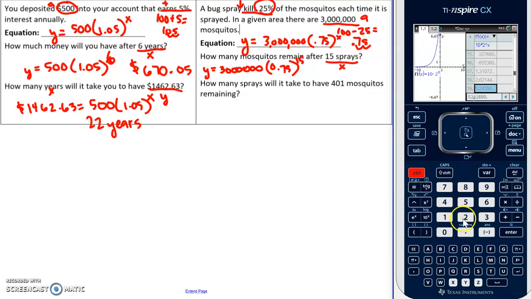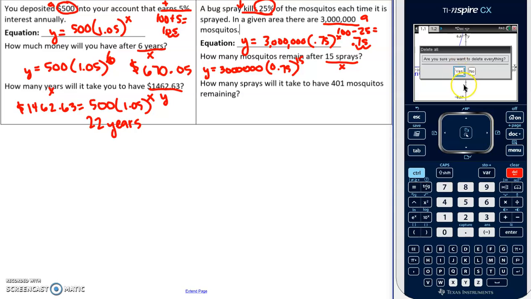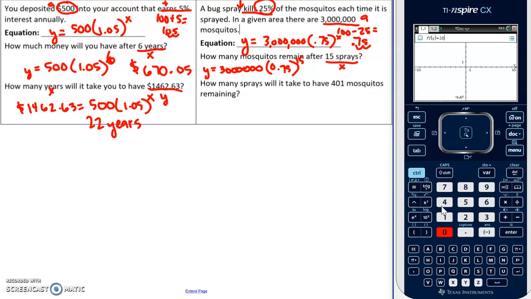This time, let's do our graph, right? So I'm going to clear out what I had. I'm going to type in my new equation. So it's 3 million, right, times 0.75 to the x power. I don't see my graph, but I want my table, Control T. I'm looking for 15.